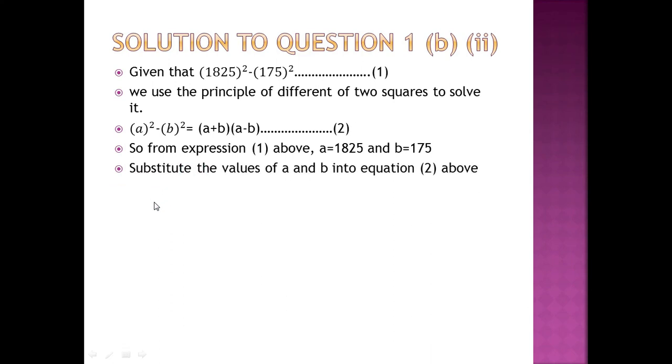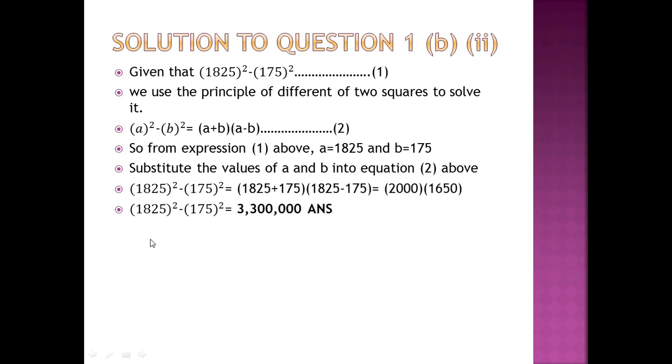Substitute the values of a and b into equation 2 above, and then we have that expression, which we simplify to get 2000 times 1650. On manipulation, we have 3,300,000, which is going to be the answer for that question.